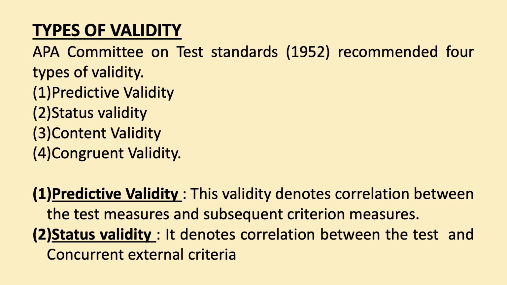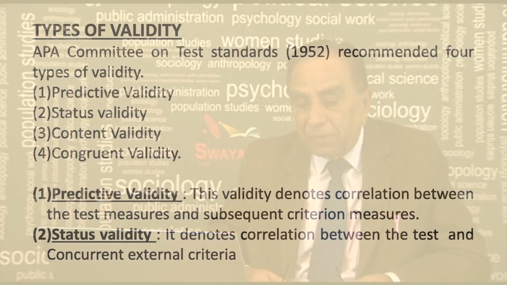This validity denotes correlation between the test measures and subsequent criterion measure. Subsequent means which will come later on. Concurrent, which is coming at the moment. So, predictive denotes correlation between the test measures and subsequent criterion measure. So, you have given a test, if your scores will match with the subsequent criterion, then it will be called predictive validity.